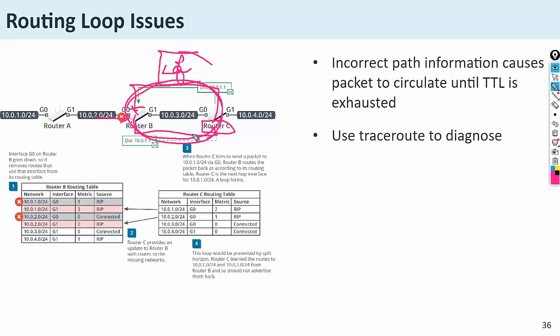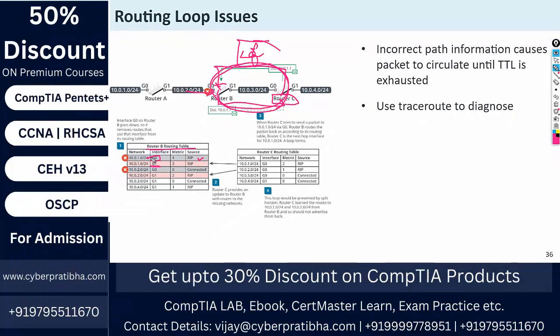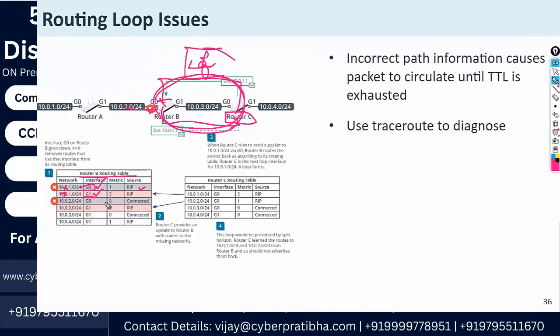So you will have to check for the issue by using the routing table, where you can find a 10.0 entry with metric 1 via RIP, and 10.1.1 is for G1. What you can see here is that both routes are not matching, because the same route goes out by route 1 and another interface.